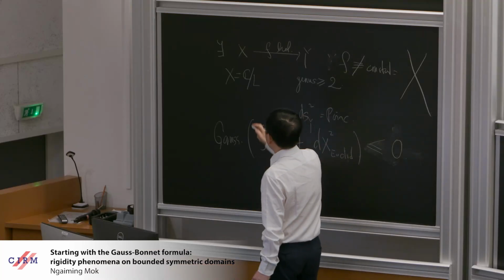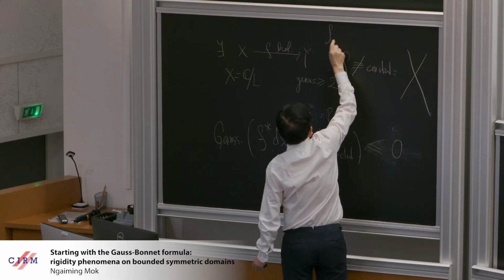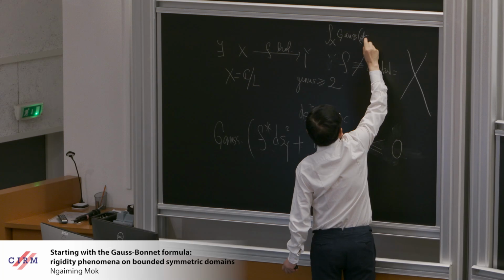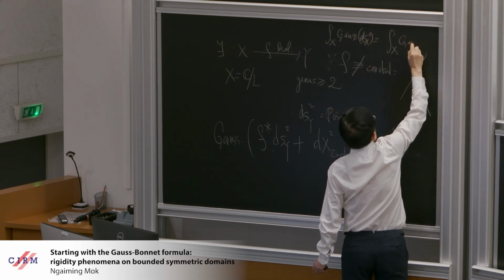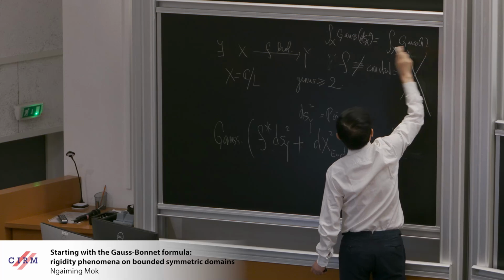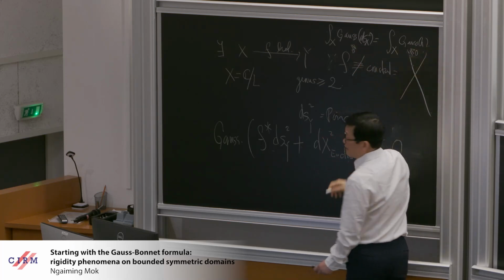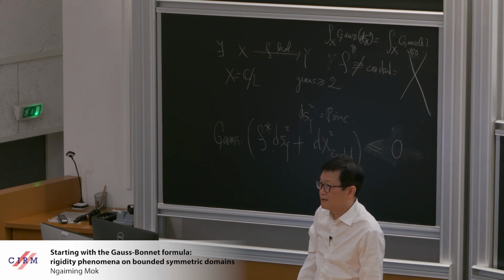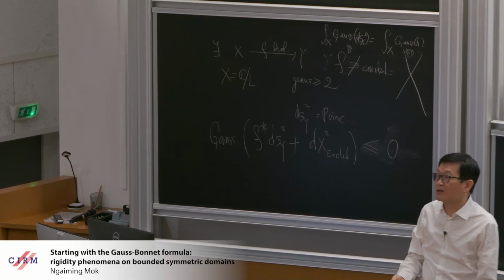And then you have the Gauss-Bonnet formula: the integral over x of the Gauss curvature of the flat metric is equal to the integral over x of the Gauss curvature of H. This is identically 0, and this is less than or equal to 0. From there, you get that the map cannot exist. Right? So vanishing of the curvature at every point implies the map is constant.